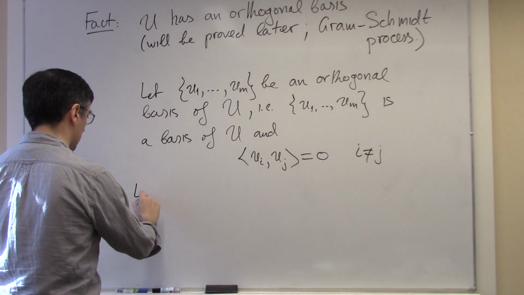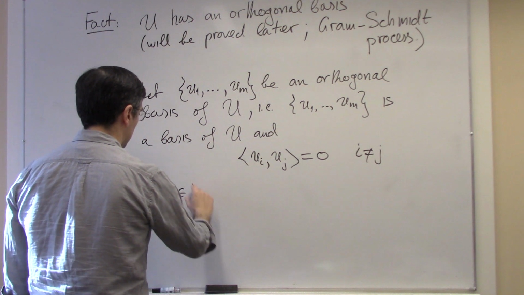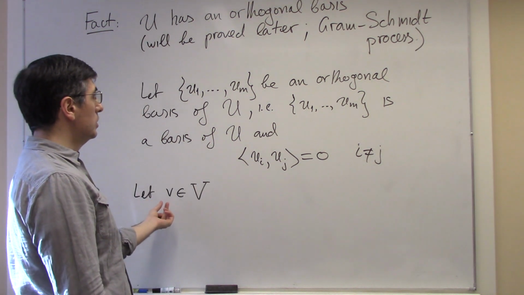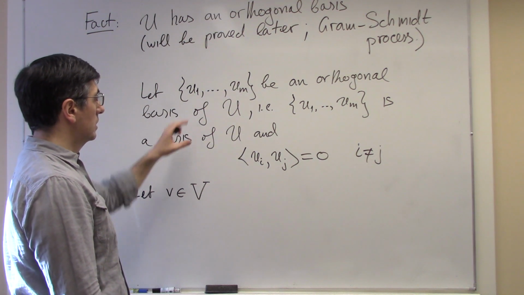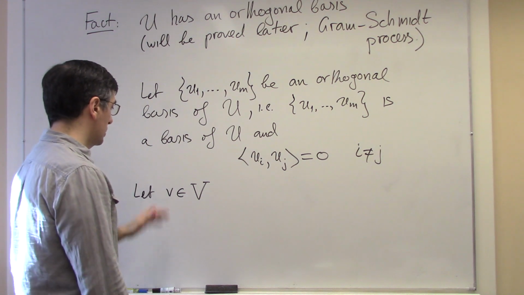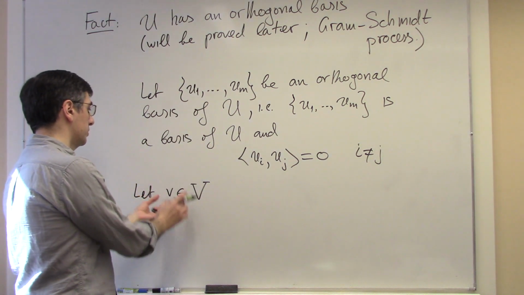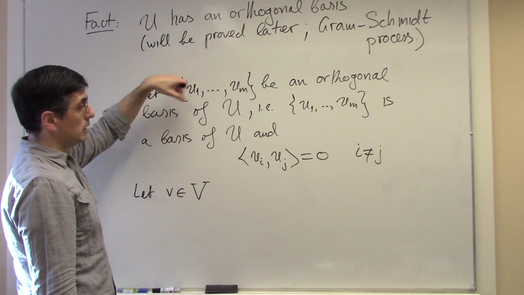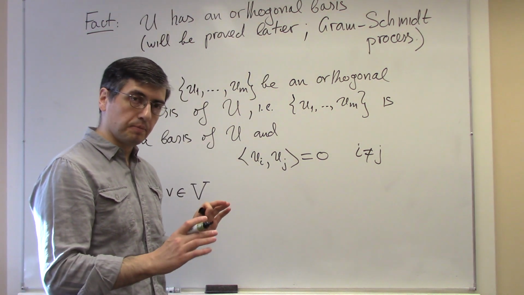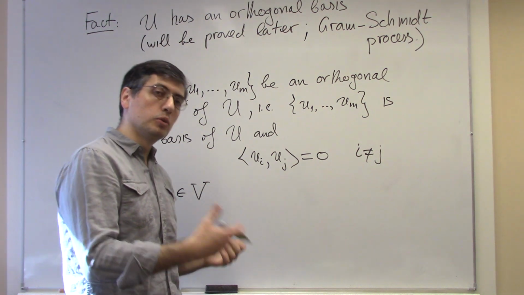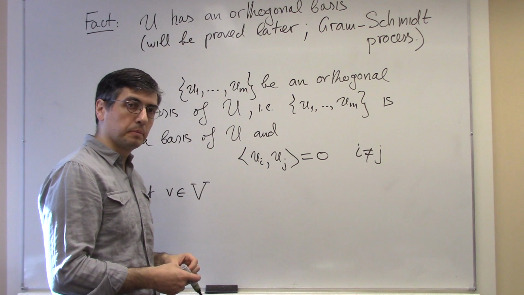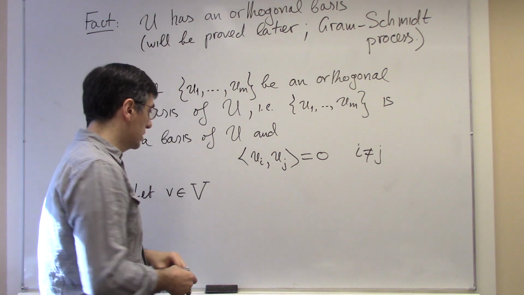And then let v be in V. Again, we want to decompose this v into a vector that lies in U and a vector in the orthogonal complement. So the part of v that belongs to U uses the inner product, and this is the important part that will be used in the construction, in the actual calculation of the orthogonal projection.